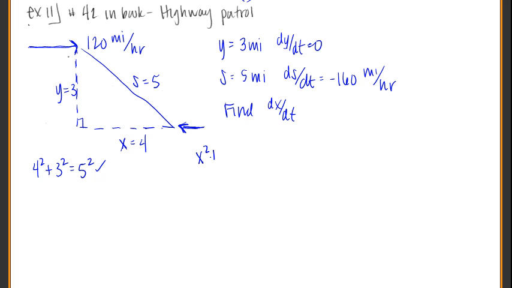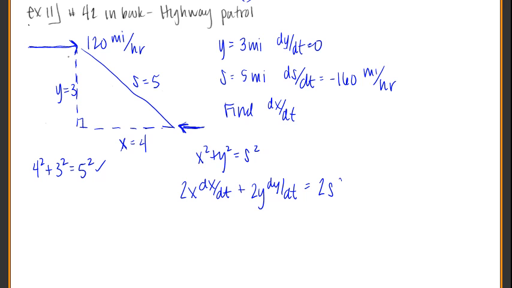So we have x squared plus y squared is equal to s squared. Taking the derivatives as I go, we have 2x dx/dt plus 2y dy/dt. We know dy/dt is going to be 0 because the height is definitely not changing. That plane is flying that far up.